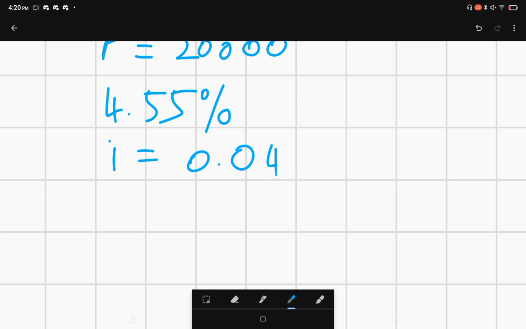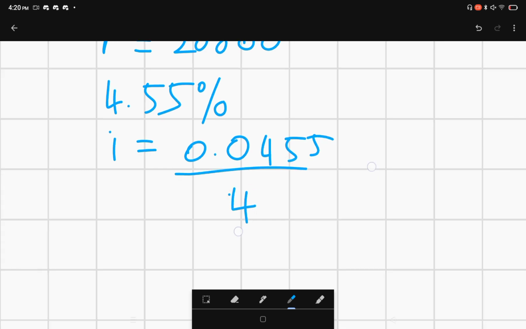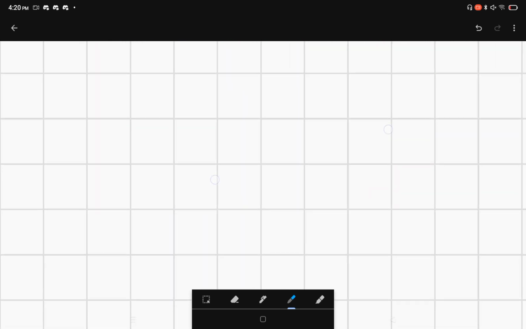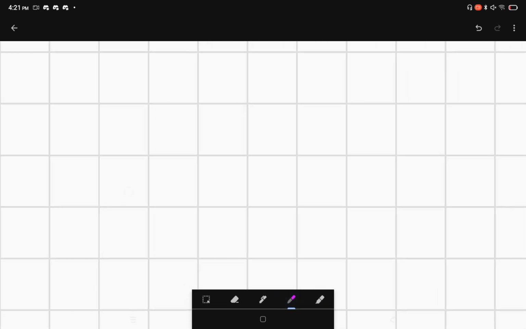So i is 0.0455 divided by 4. And the time is 1.5 years compounded quarterly, so n equals 4 times 1.5, so we will get 6 as the n.